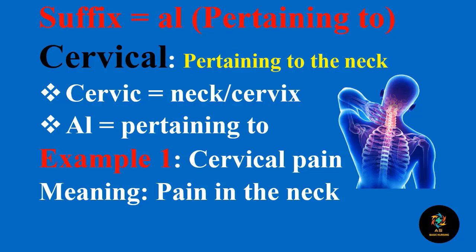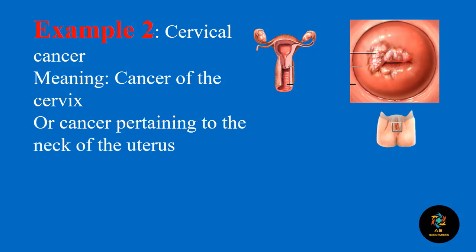Al meaning pertaining to. Example 1 under this suffix is cervical pain, meaning pain in the neck. Example 2 under this adjective suffix is cervical cancer, meaning cancer of the cervix or cancer pertaining to the neck of the uterus.